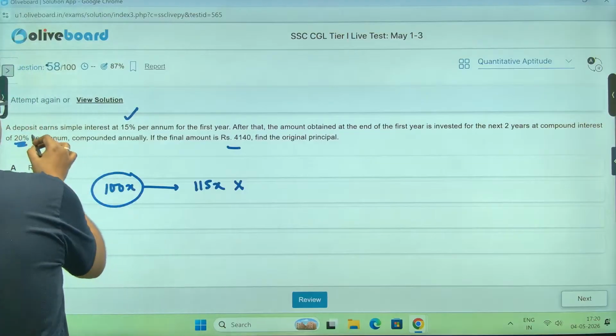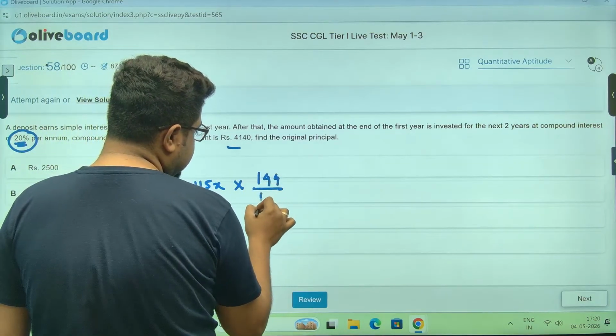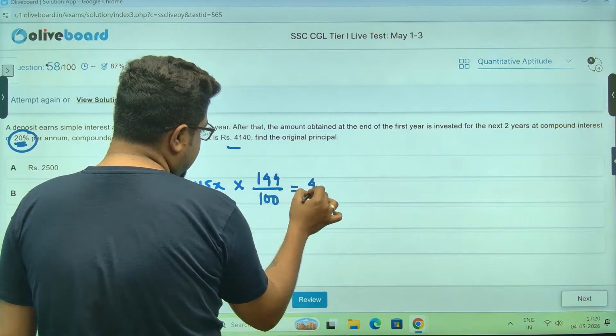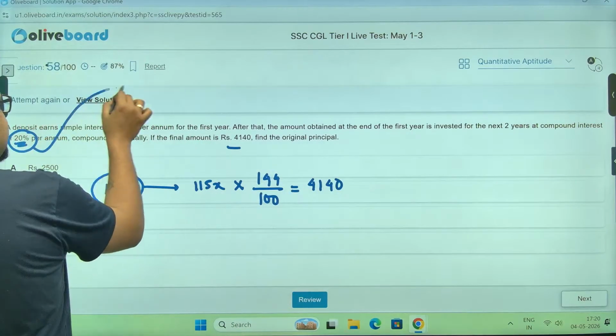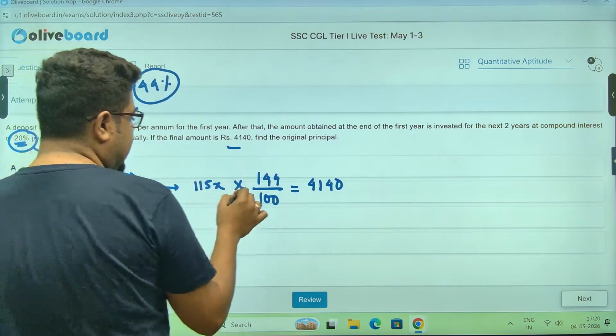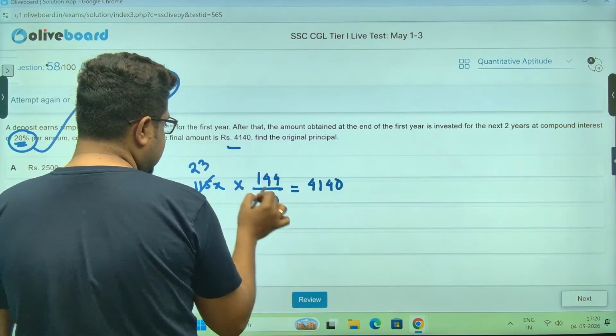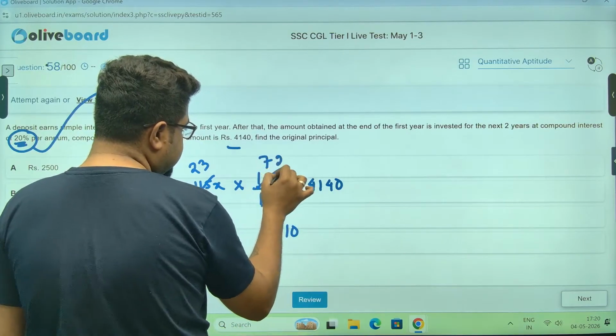Meaning, sir, 44% interest. So it will become 144%. This becomes 4140 rupees, because 20% for 2 years is now 44% using the AB theorem. So just apply this. 23, this is 20. This is 10, 72.